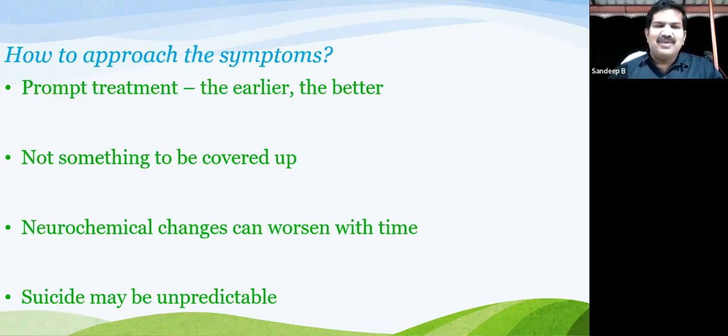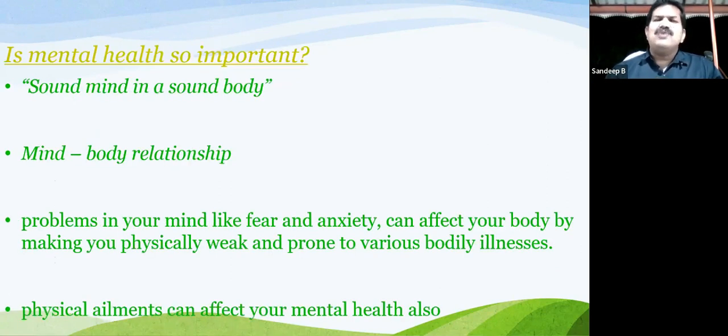This is not something to be covered up, because the neurochemical changes can worsen with time. Suicide can be unpredictable. We may not have the patient when we think that next week we will help him or her. And sound mind in a sound body, that's why mental health is very important. Even our physical health is very much dependent on our mental health.